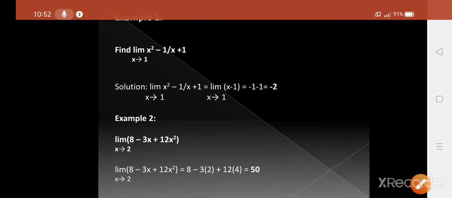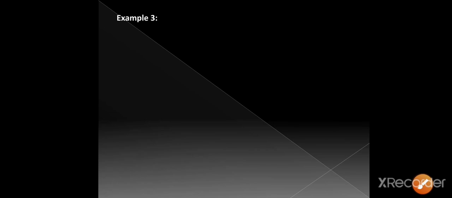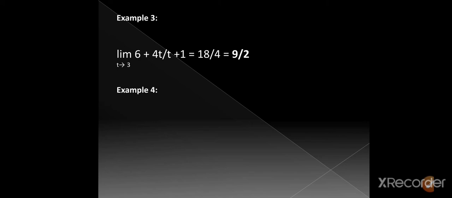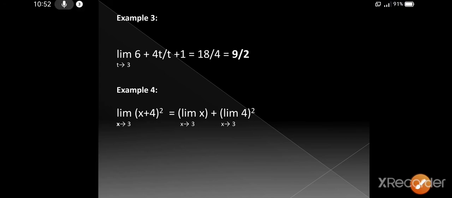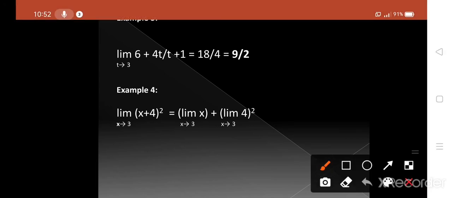So example number 3. The limit as t approaches 3 of the function 6 plus 4t all over t plus 1. So 6 plus 4, our value of t is 3. So 4 times 3 is 12, so 6 plus 12 is equal to 18.